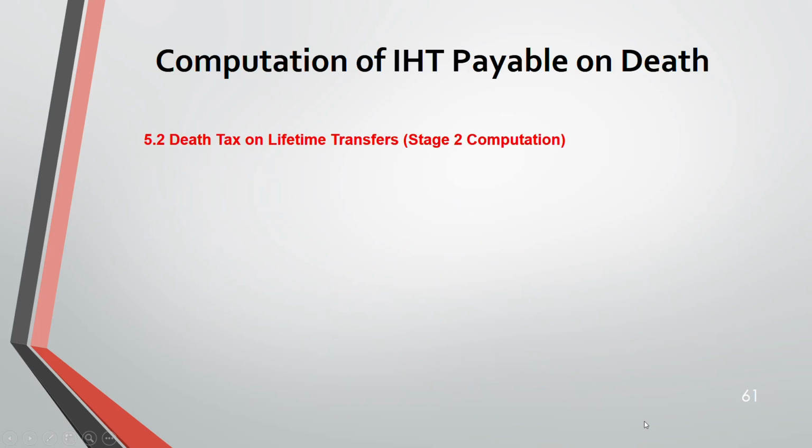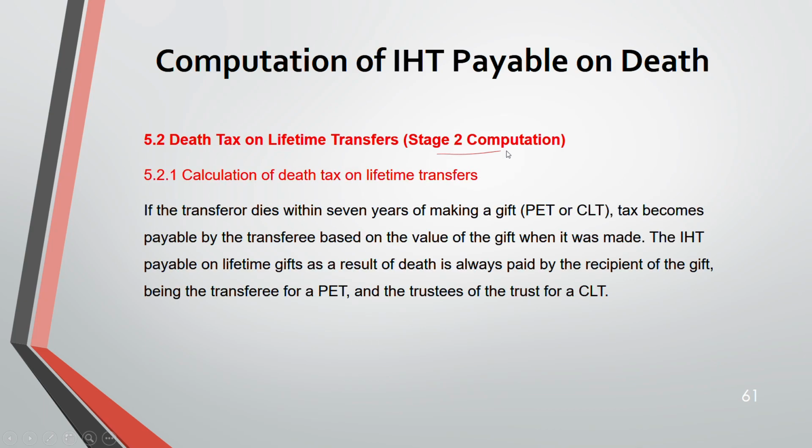Okay, so now death tax on lifetime transfer is a stage 2 computation. So calculate death tax on your lifetime transfer, and this lifetime transfer could include both your PET or CLT. And remember the IHT payable on your lifetime gift, because as a result of death, is always paid by the recipient of the gift.